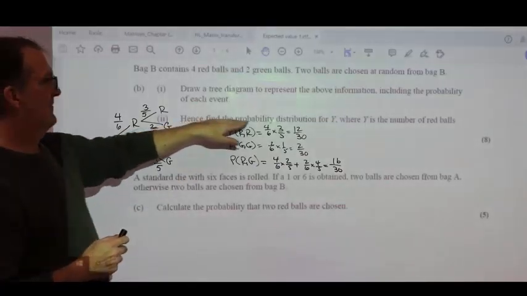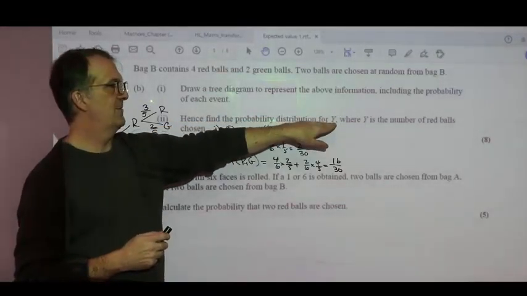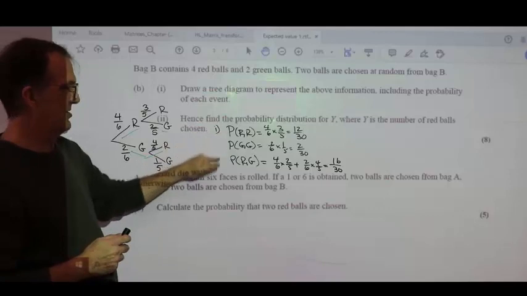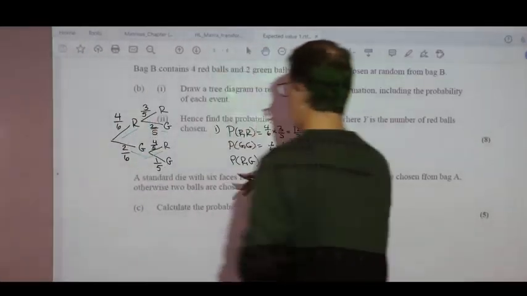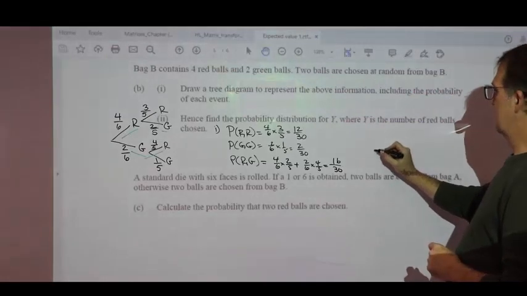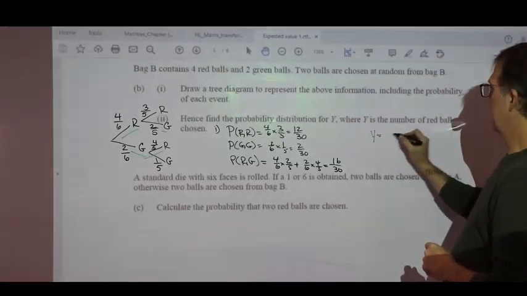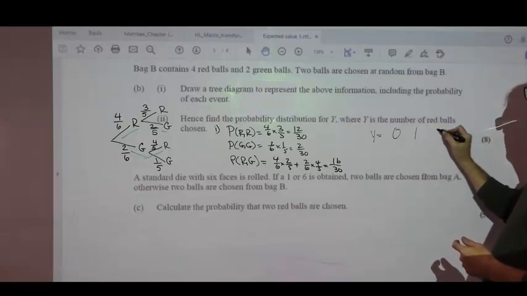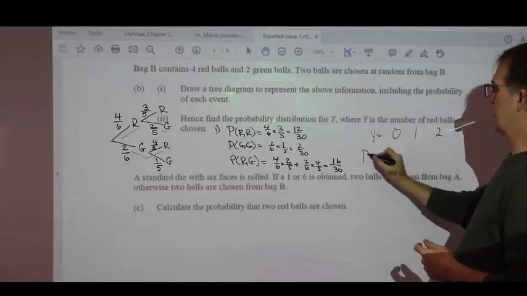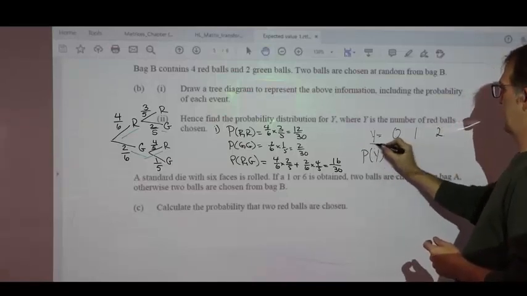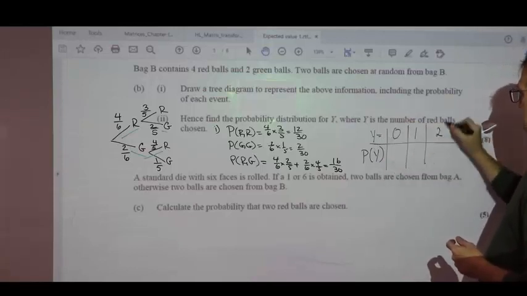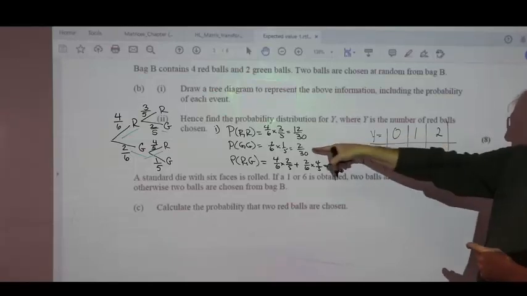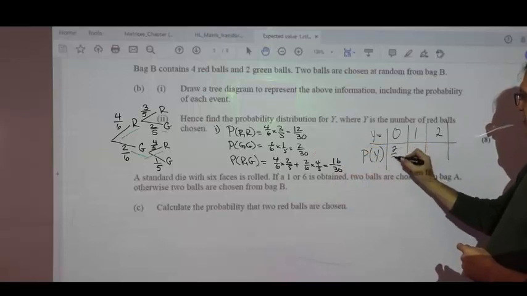And now we're saying, hence, find the probability distribution for y, where y is the number of red balls chosen. And this is what I want to show you here. When you come up with your probability distribution, so we have y, and you can either choose 0, 1, or 2 red, and the probability of y is, so the chance of there being 0 red, well, that was green, 2 out of 30.